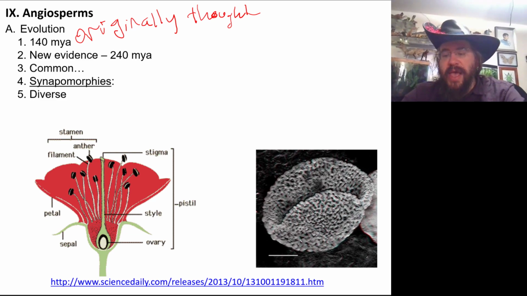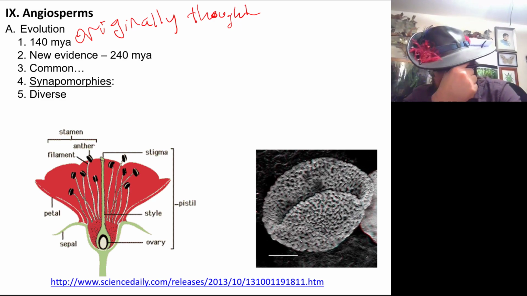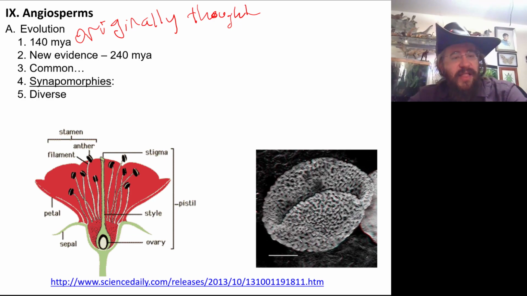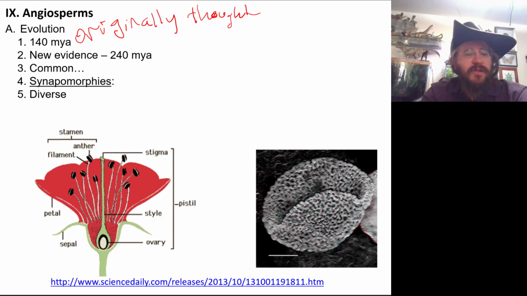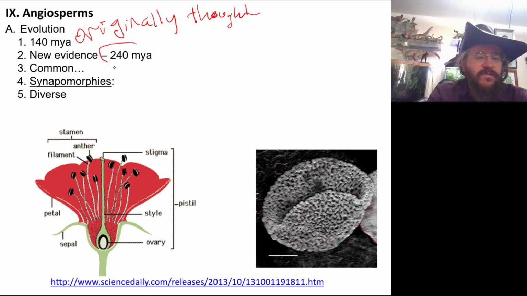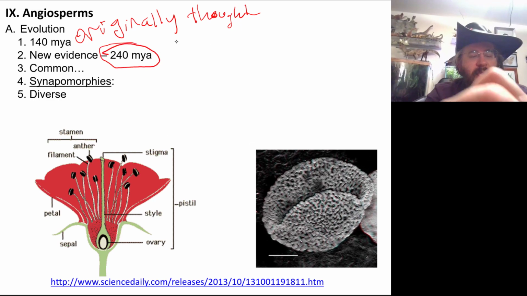There is new evidence from 2013, so not even really new, 11-year-old evidence. So we've known for more than 10 years that they are much older than that. 240 million years ago. So we found fossilized pollen grains.